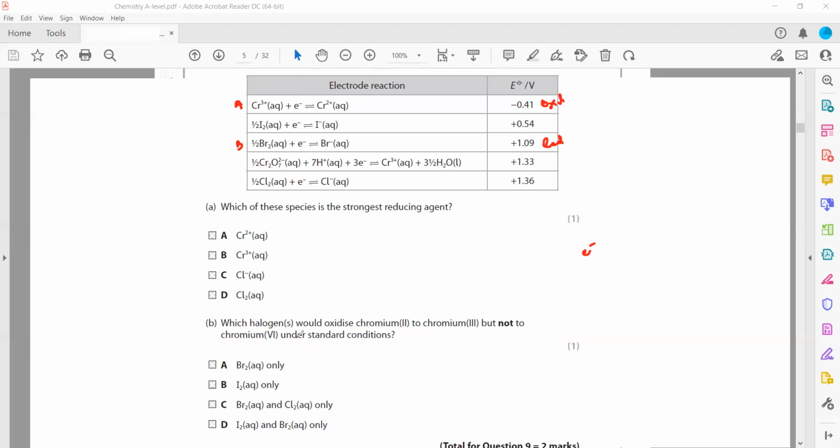But whether 6 will convert into 3, or there is a reaction between them, we now check the equation of bromine with the equation of chromium. This one has the higher voltage, so reduction happens, meaning 6 will change into 3.